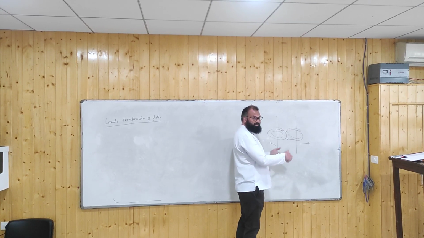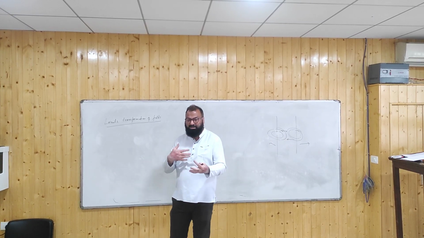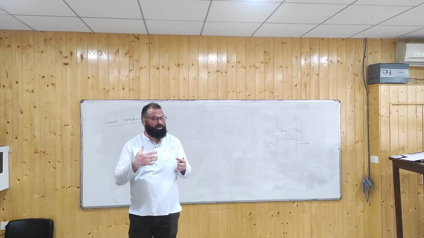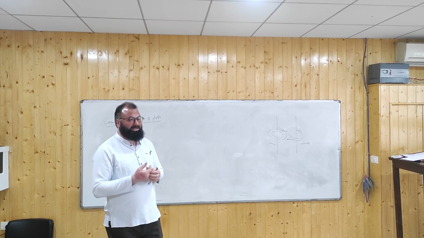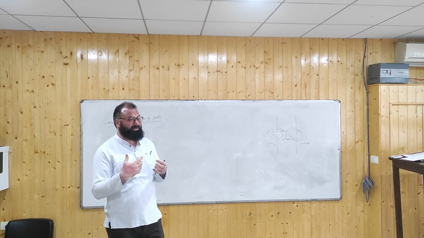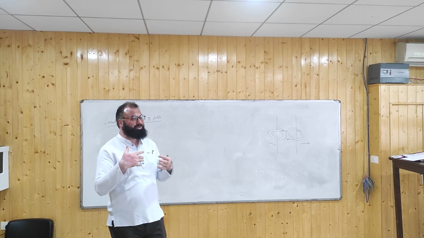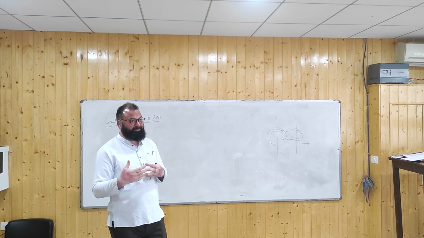So these are two frames of reference, and we need to understand how fields transform between the two frames of reference. How are the electric and magnetic fields related to each other in the two frames? Got it?